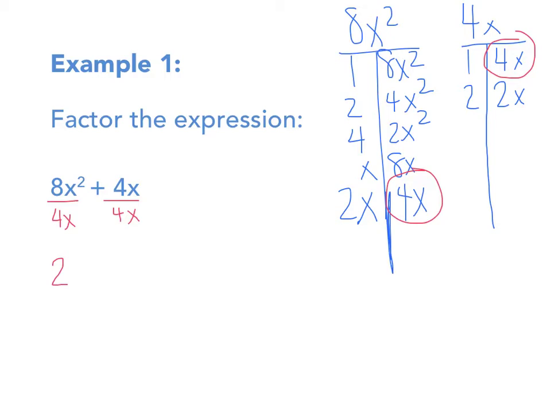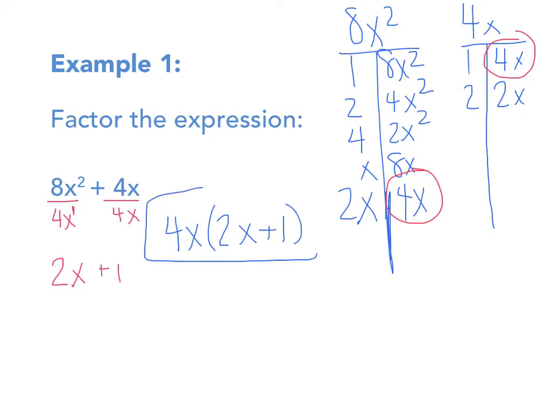And x squared divided by x, there's this little ninja 1, it just becomes x, so we get 2x, because we subtract our exponents. Then I have 4x divided by 4x, that's just 1. I'm left with positive 1. So how we write this is we leave our factor on the outside of 4x, and then our factor's expression on the inside of the parentheses. And this is our final answer.